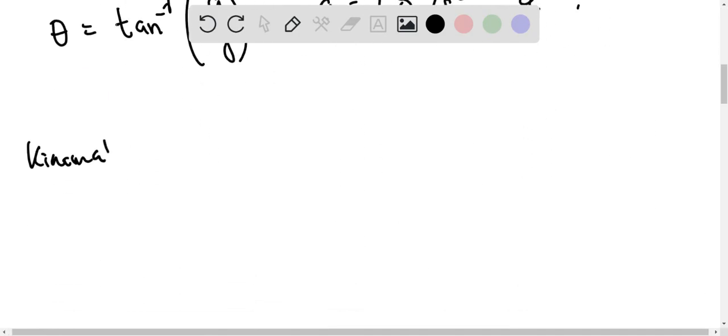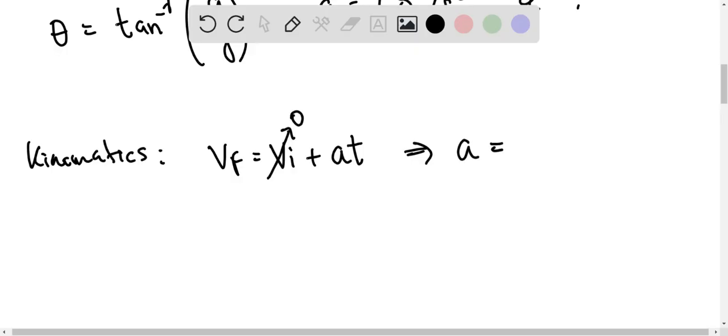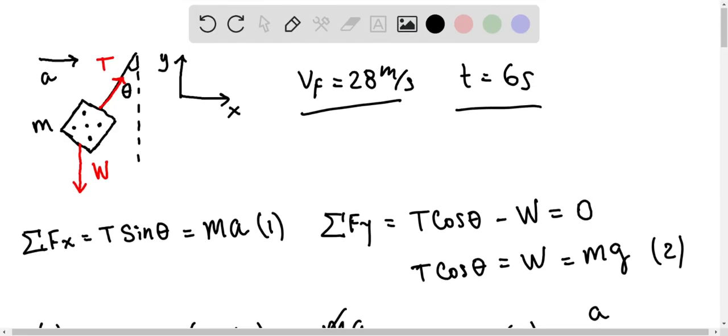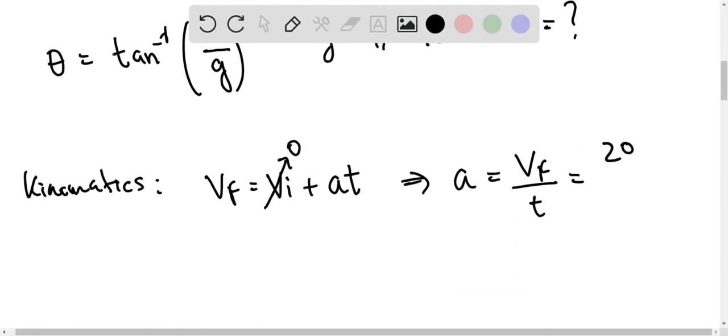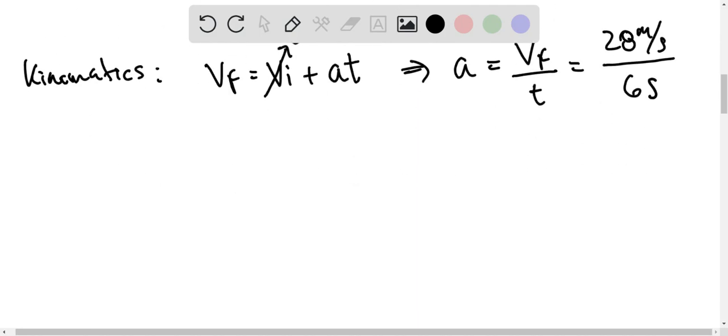Using kinematics, we can use the following equation: the final velocity is equal to the initial velocity plus the acceleration times the time t. The initial velocity is 0, and the final velocity is the one that we are given. Solving for a, this is the final velocity over the time, with a final velocity of 28 meters per second and a time of 6 seconds.